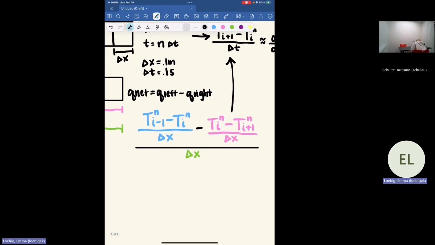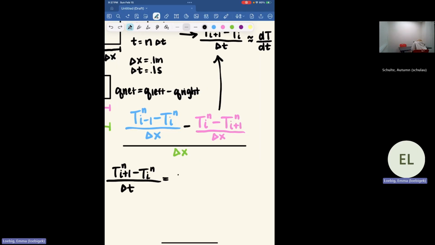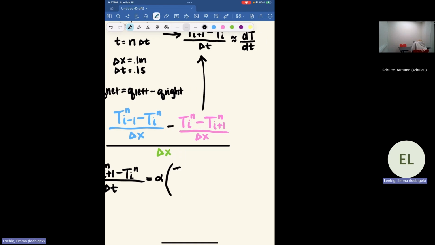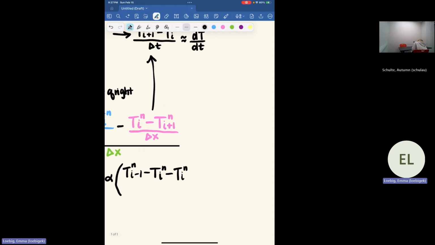So let's break that out. We're going to have the temperature at the position to the right of you at some time n minus the temperature at your position at some time n divided by a change in time, which is equal to alpha, or thermal diffusivity, multiplied by the temperature at the position to the left of you at some time n minus the temperature at your position at some time n minus the temperature at your position at some time n plus the temperature to the right of you at some time n.